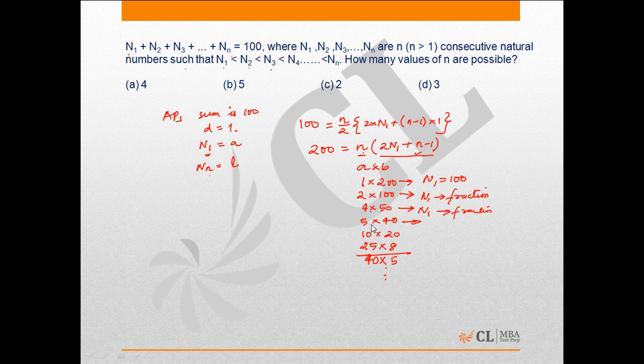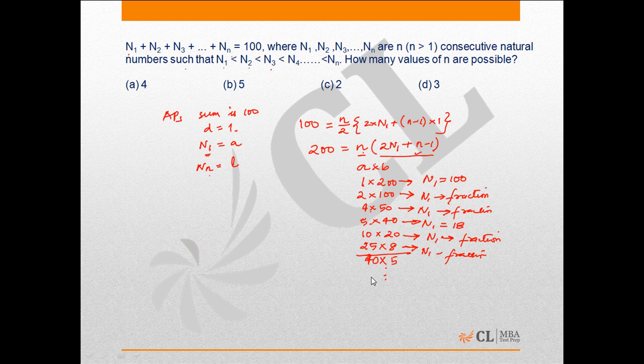With n being 5, you will have n1 is equal to 18. If you have n as the number of terms as 10, you will get n1 as again a fraction. And if you have n as 25, you will get n1 as a fraction.